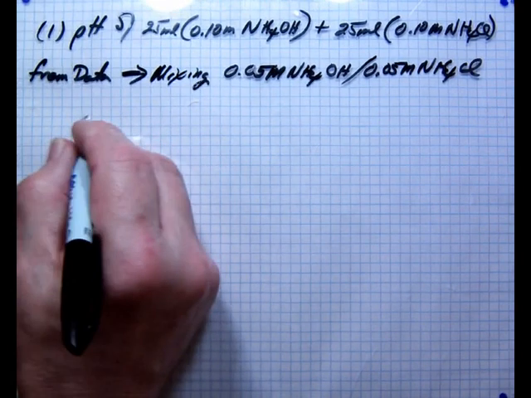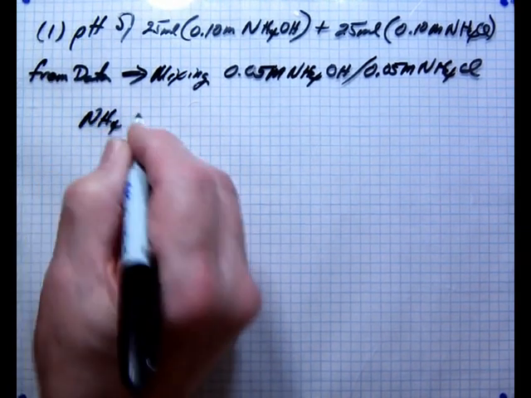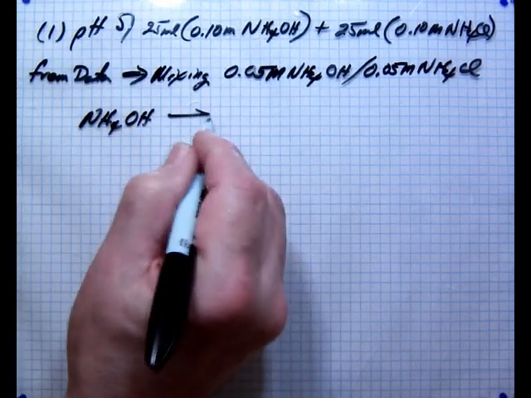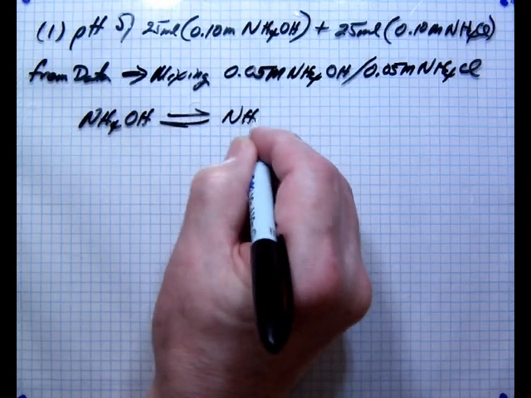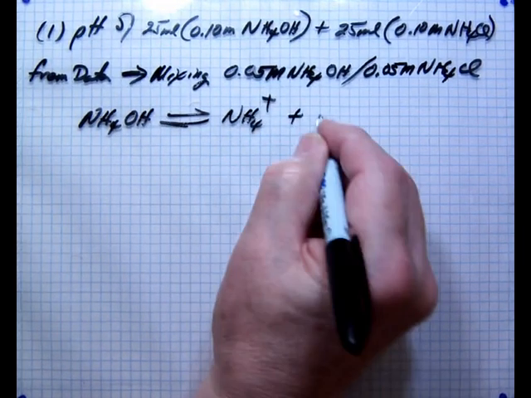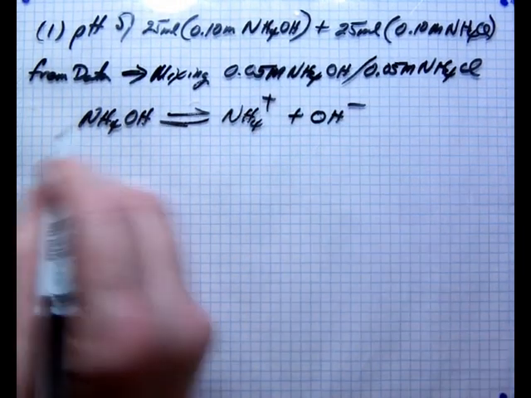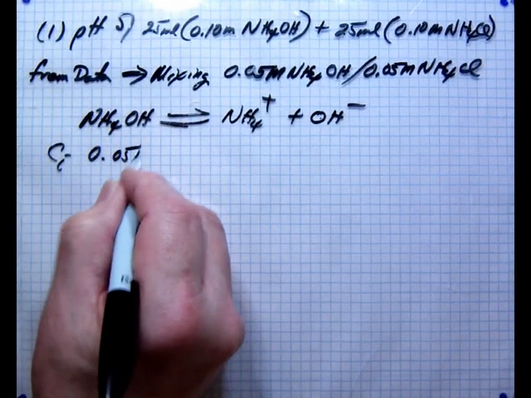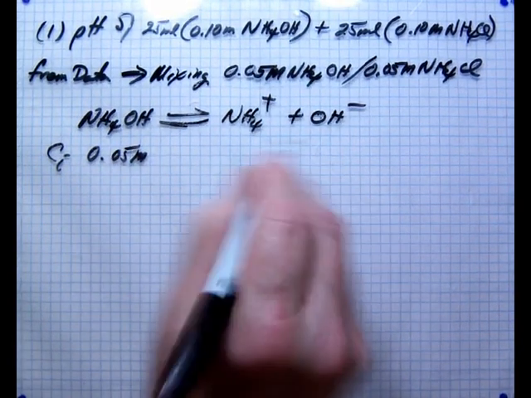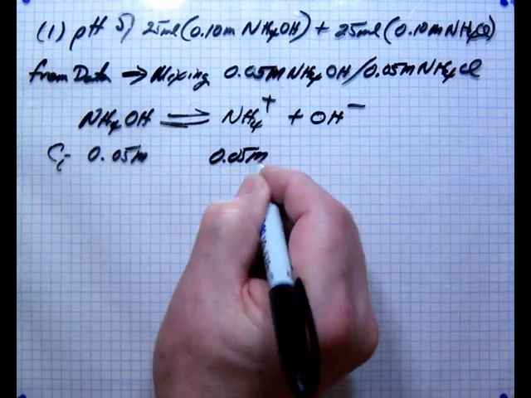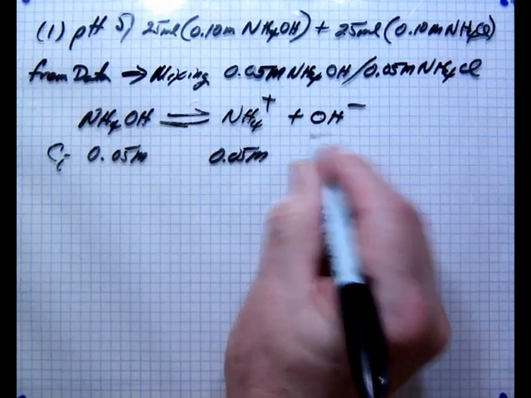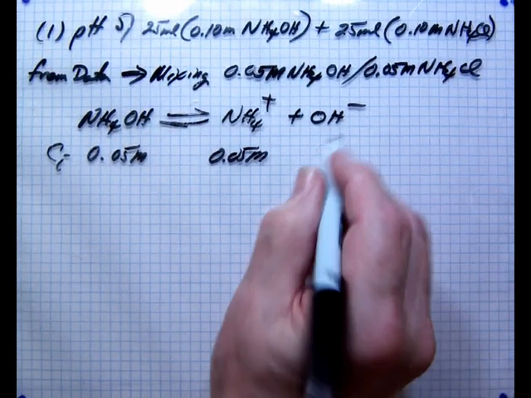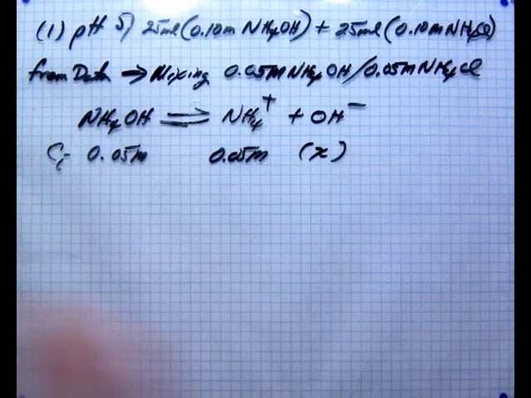So when you set up your equilibrium, always set it up around the weak acid or weak base. So we're at initially 0.05 molar hydroxide and 0.05 molar in this, and we could go to the Kb value.